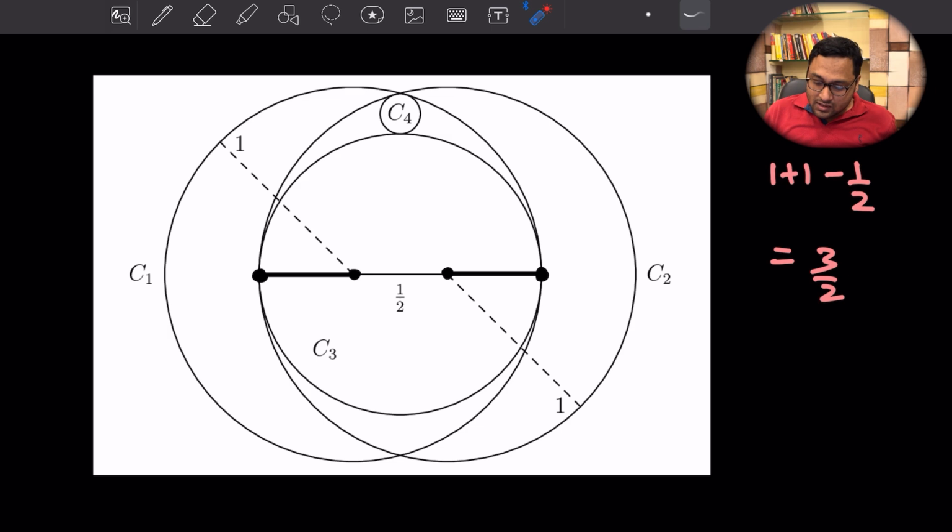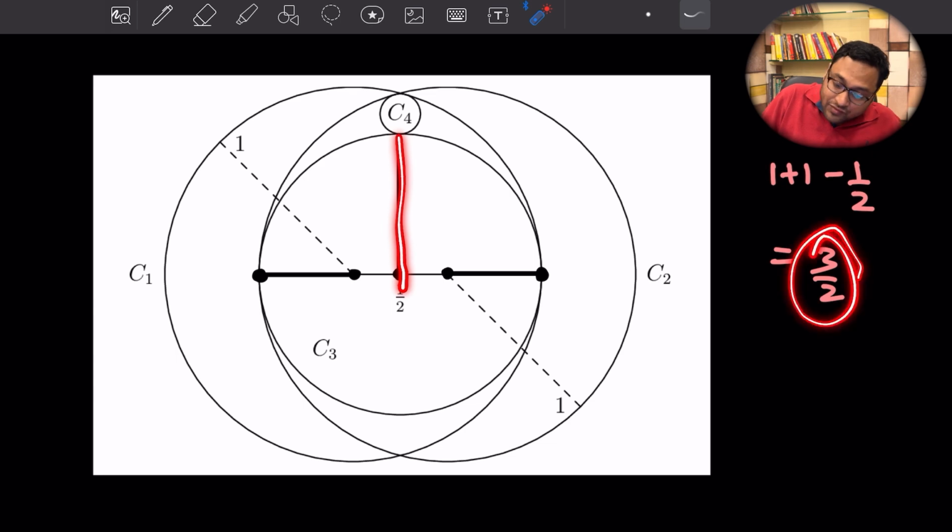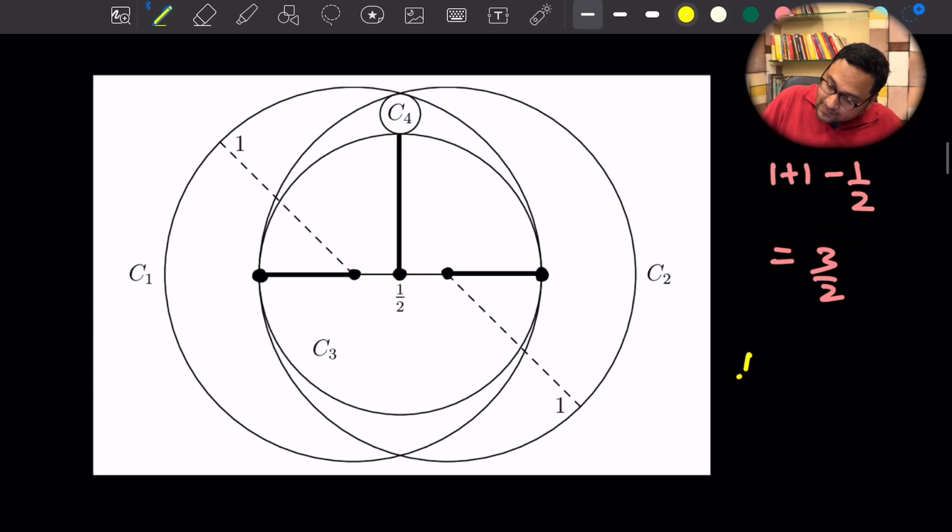Okay? So what is the radius of this C3 circle? The radius of the C3 circle is half of the diameter, which is 3 by 4. So this is 3 by 4.